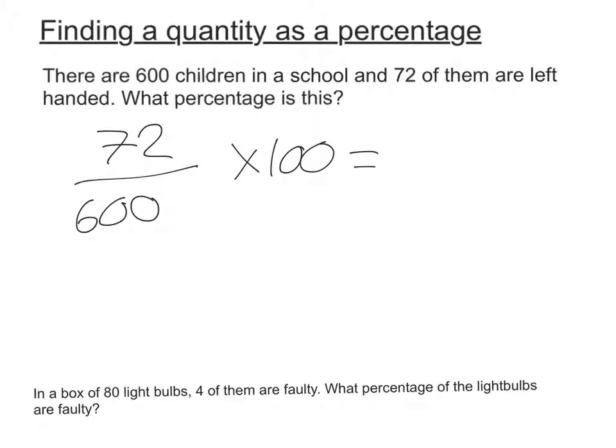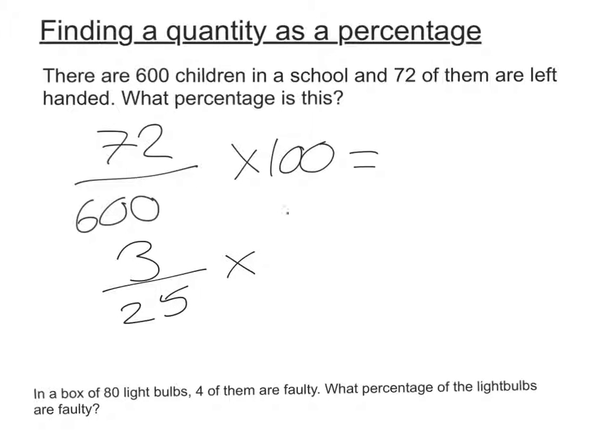So in other words, to find a quantity as a percentage, you're going to write it as a fraction, the group amount out of the total amount, and then times it by 100. Now, if it is non-calculator, obviously what you would want to do is cancel that down as far as you can. Now, 72 divided by 600 would cancel down to 3 over 25.